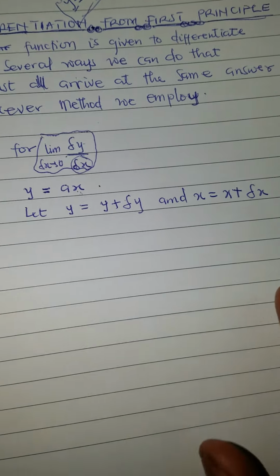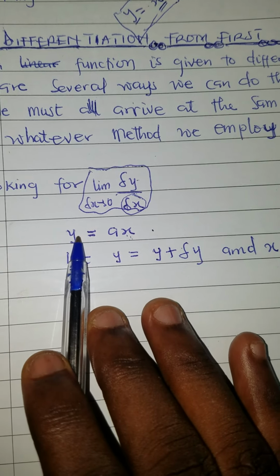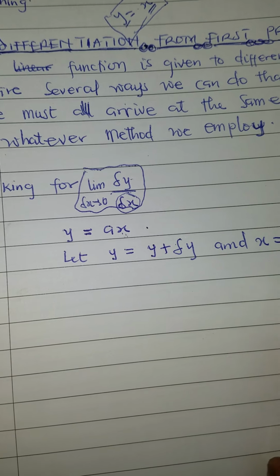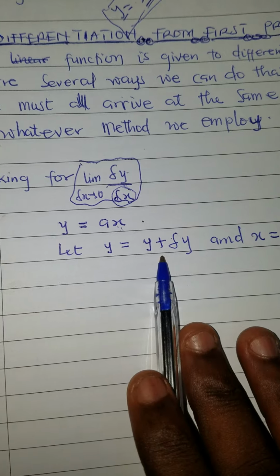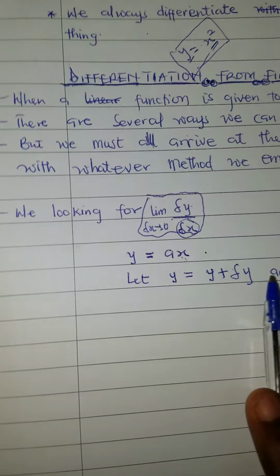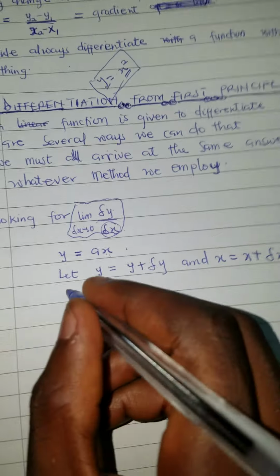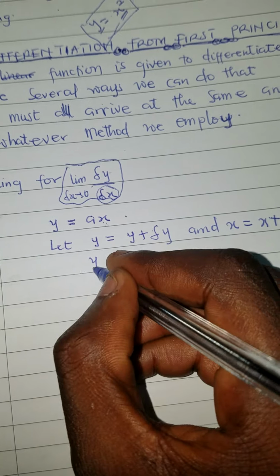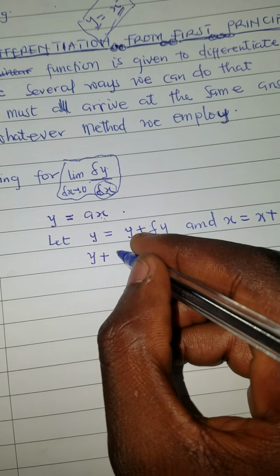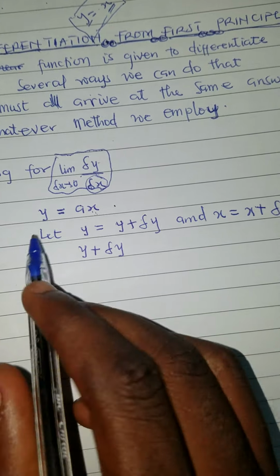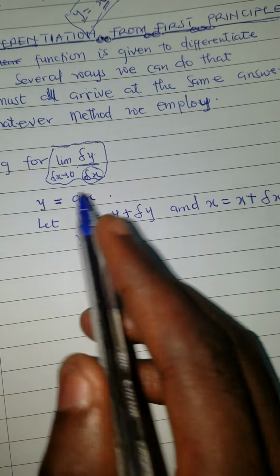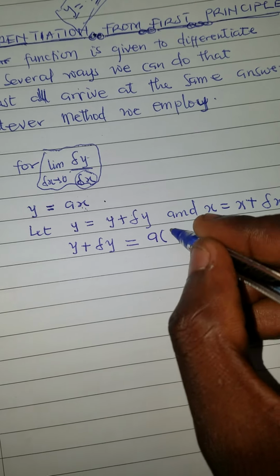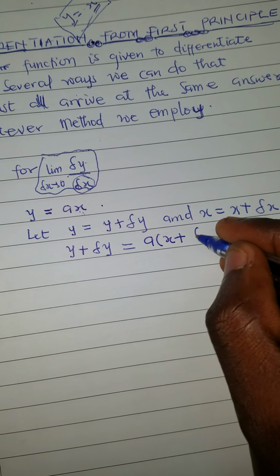It means that in the function, whenever you see x, you substitute x plus change of x, and whenever you see y, you substitute y plus change of y. So here we have y, which is equal to a times x, and x will be x plus change of x.